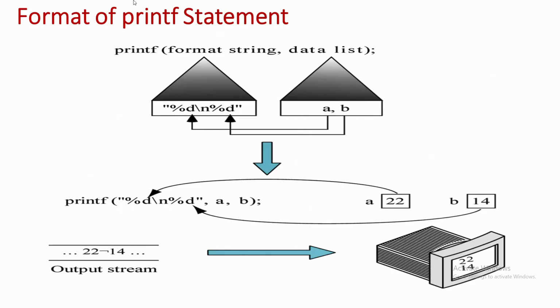Think of the format string as a template and the variables as the actual information that fills the template. Always remember one important rule: the number of format specifiers and the number of variables should match. If they do not match, the output may be incorrect or unpredictable.